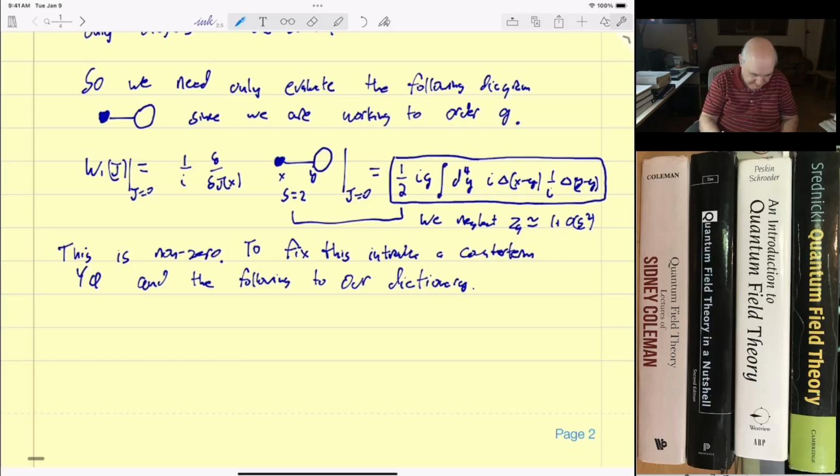So now we basically have a line. Counter terms are usually denoted with a cross symbol, or a large X, or a small x.